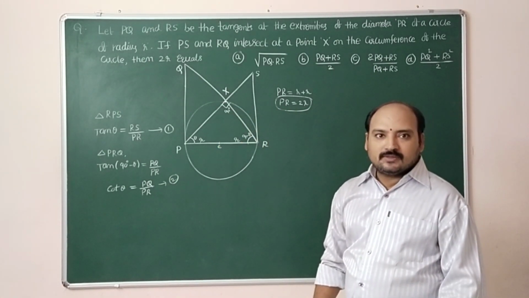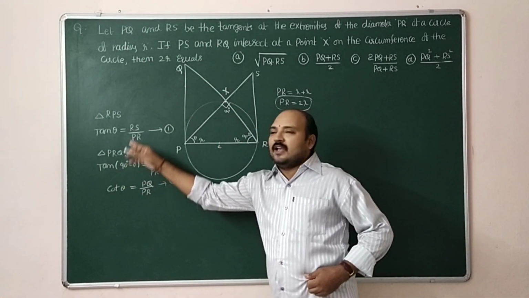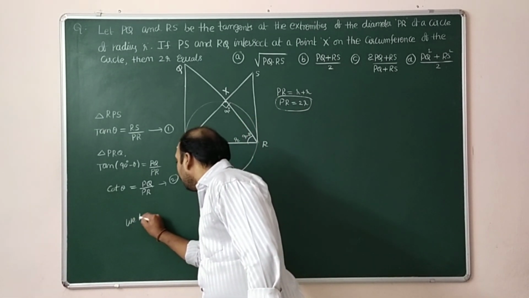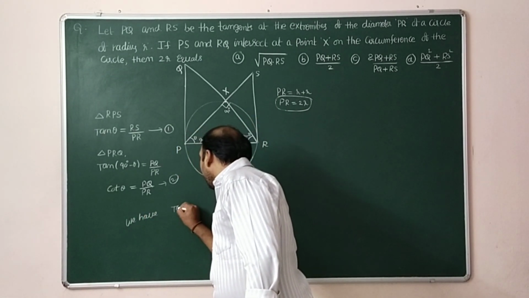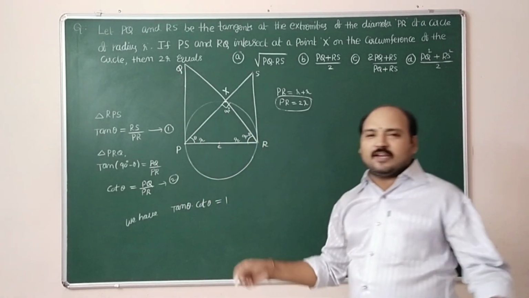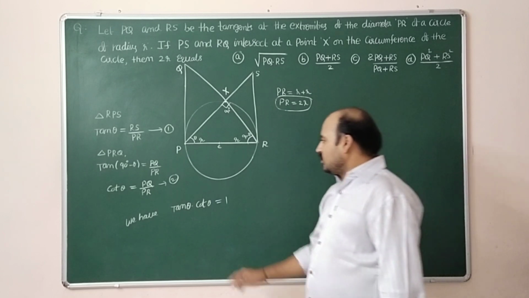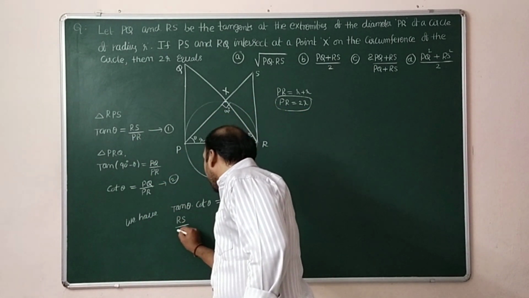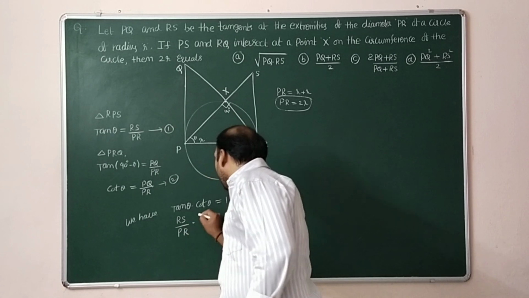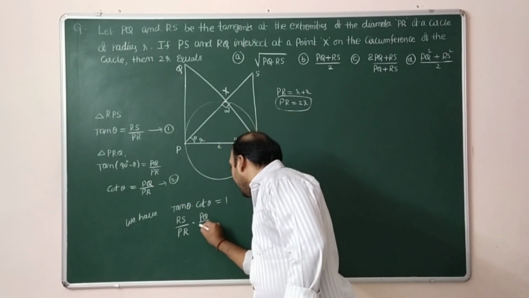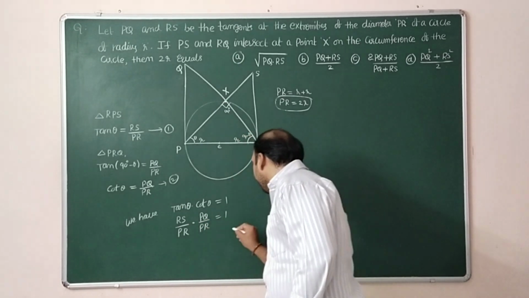We know the relation between tan theta and cot theta: tan theta into cot theta is equal to 1. They are reciprocal to each other. So what is the tan theta value here? RS divided by PR, into cot theta value, PQ divided by PR. Cross multiply.